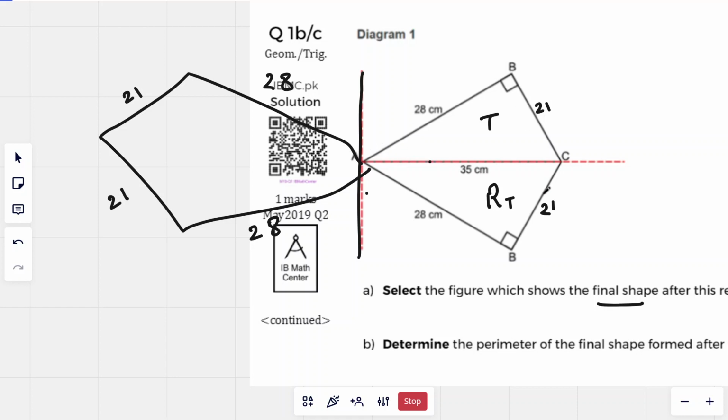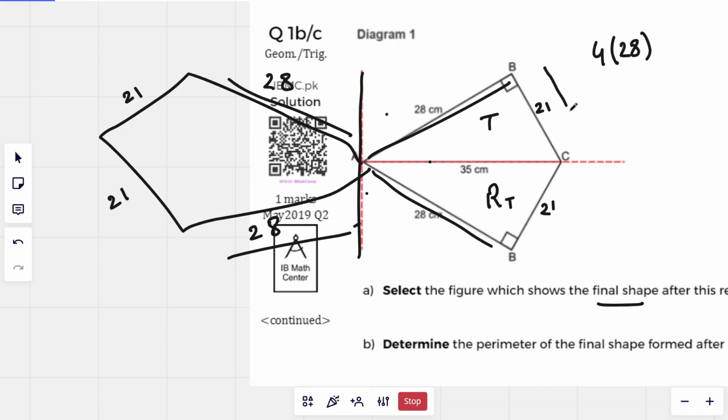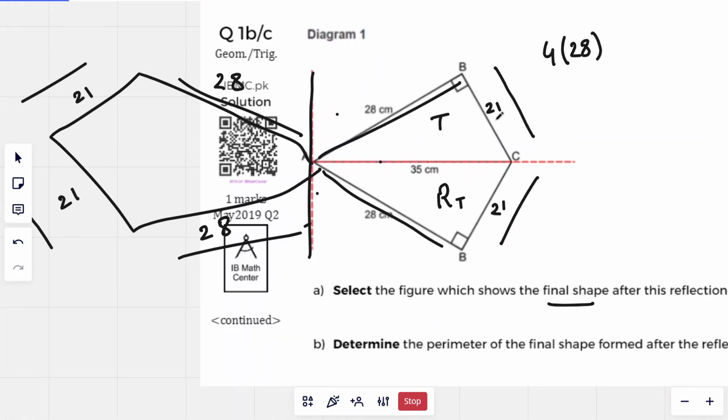So we've now got to find the total perimeter of this shape. We've got one side of 28, two sides of 28, a third side of 28, a fourth side of 28. So we've got 4 sides that measure 28 each, and likewise we've got one side measuring 21, a second side measuring 21, a third side measuring 21, and a fourth side measuring 21. So we've got 4 sides each measuring 21 centimeters.